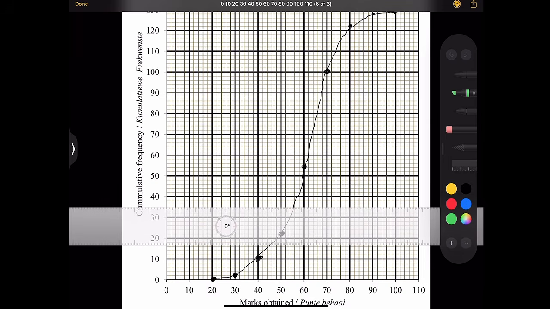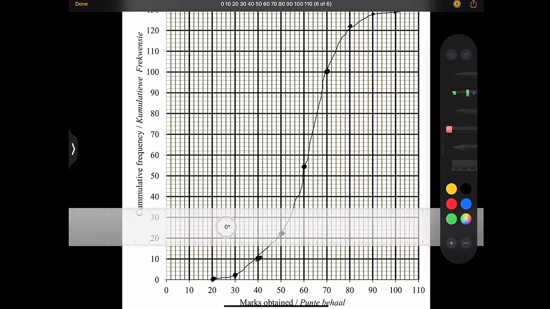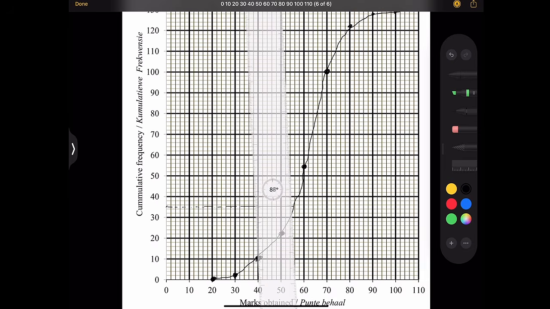It's somewhere in the middle there, right? Yeah, right there. So at 35, what is my corresponding x value? That would be my Q1. So that's 35 there. Now what is my corresponding y value?